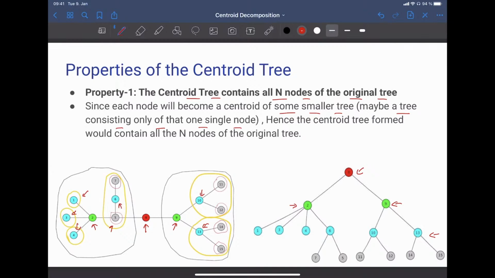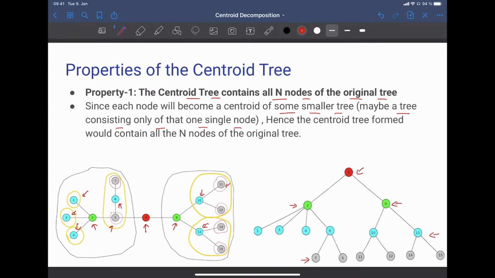And similarly, node 5, node 7, node 11, 12, 14, 15 became centroids of components which are single nodes. Because if you keep decomposing a tree, whenever you remove a node, you get a forest. You recurse on that forest. For every forest, you get a centroid, you remove it, you again keep recursing. You keep doing this till the forest contains only a single node, and then that single node gets attached as a leaf node in the centroid tree.